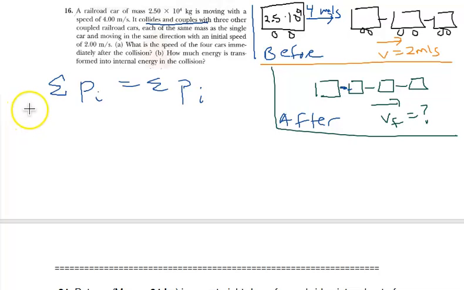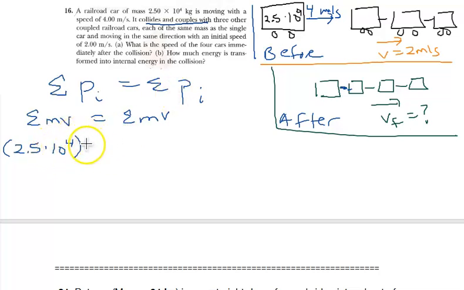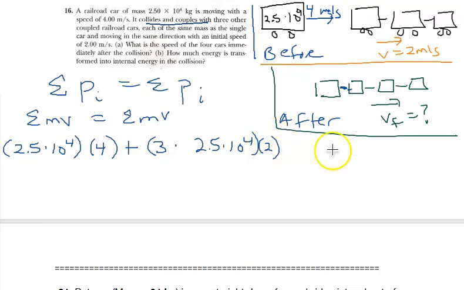And we have, the sum of MVs equals the sum of MVs. And you've got 2.5 times 10 to the 4th, my 4s draw weird on my tablet, times 4 meters per second plus 3 of the same things, going 2 meters per second.